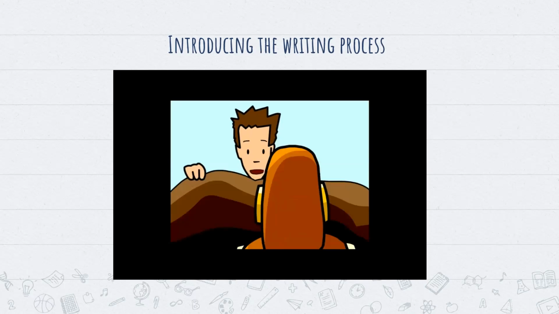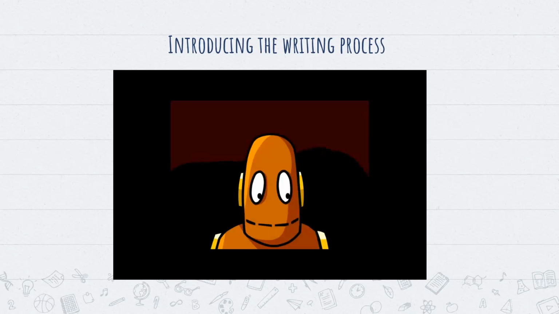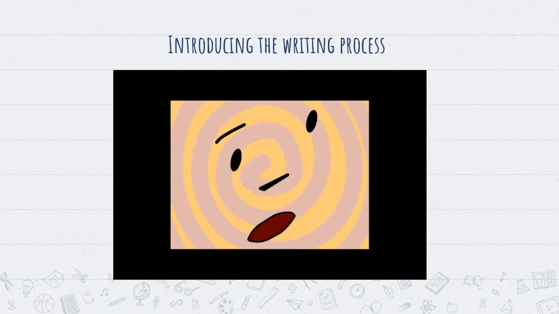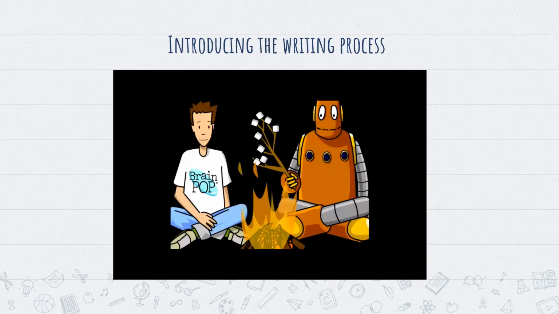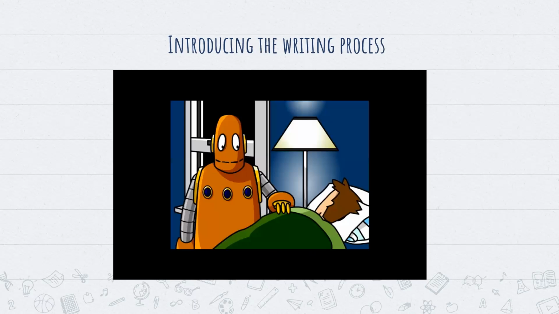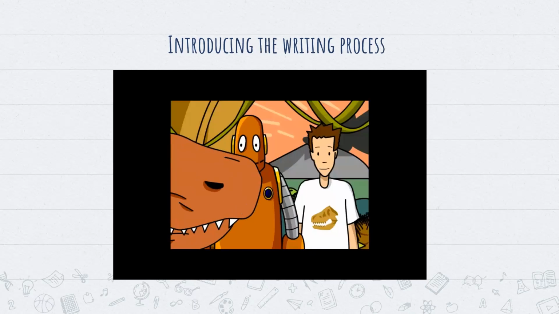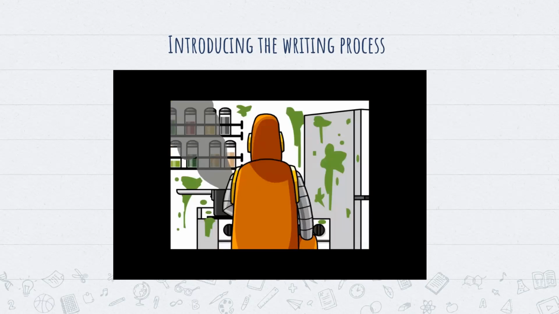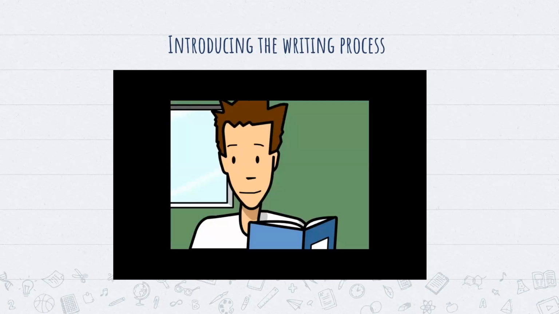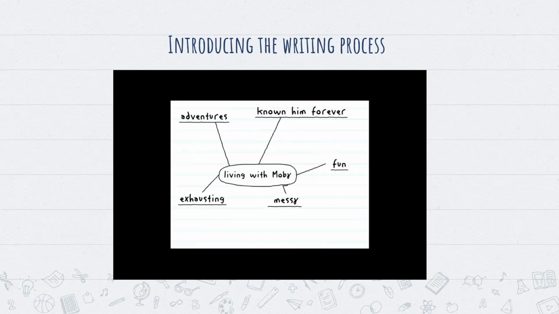Well, hello, little robot. What's your name? Moby, huh? Well, how'd you get here? Where did this big giant smoking crater build you? Don't really remember how we met. I guess we've just known each other forever. Moby and I have lots of fun together, like when we go camping. Hanging out with Moby can also be exhausting. We have lots of adventures, even traveling back in time. Moby's messy. He can't cook anything without destroying the kitchen. Well, let's see what I've got so far.